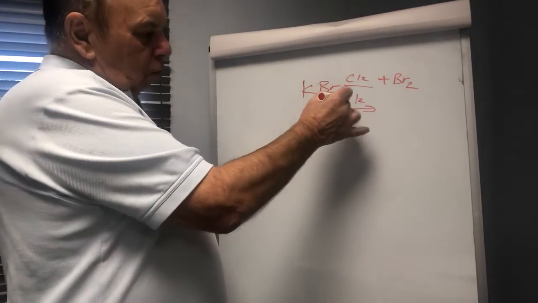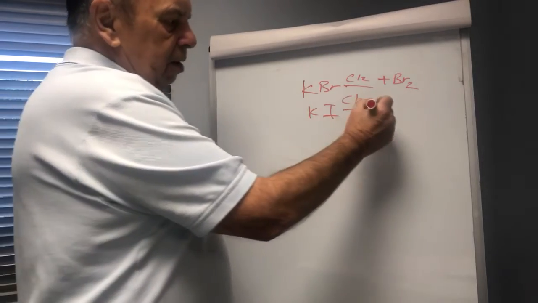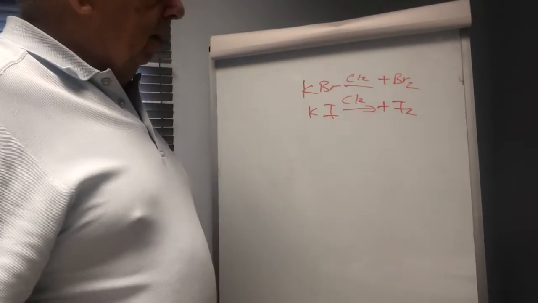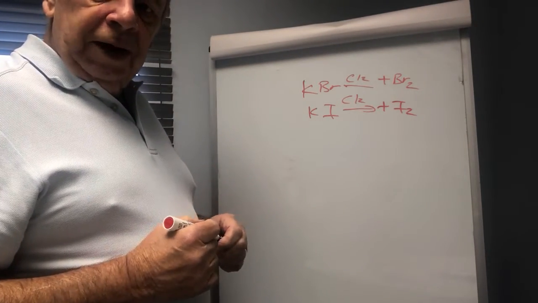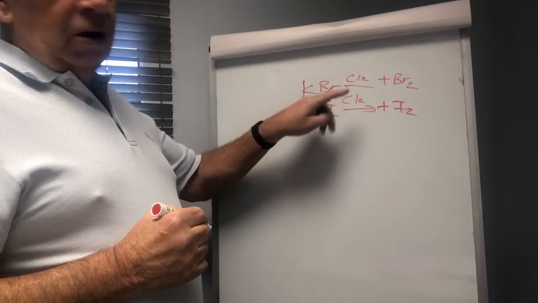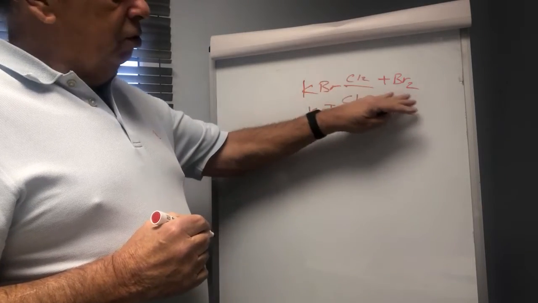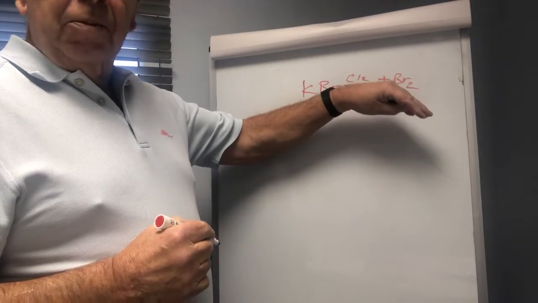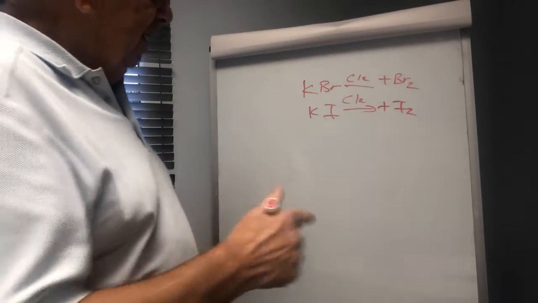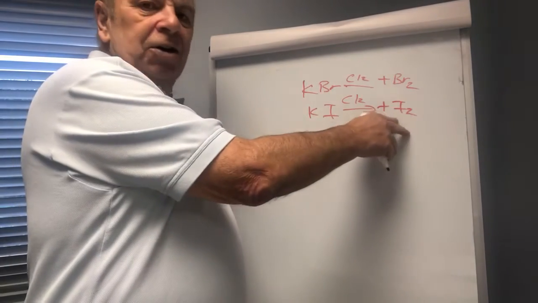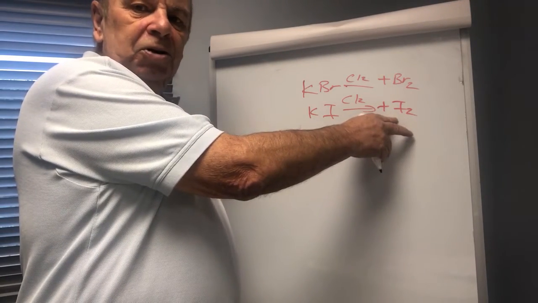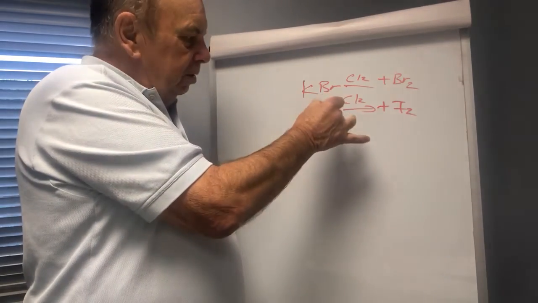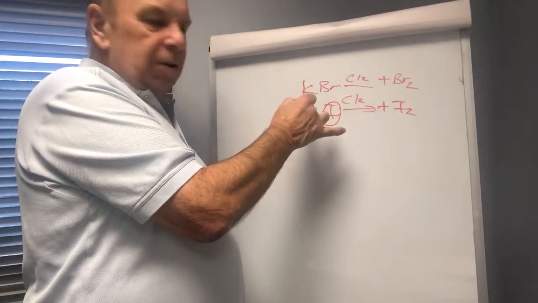If I pass chlorine through potassium iodide, it liberates iodine because it's more reactive. In this case, it goes from a colourless solution to reddish brown because I got bromine being liberated, and in this case I get a purplish brownish deposit of iodine because the chlorine has liberated the iodine from the potassium iodide.